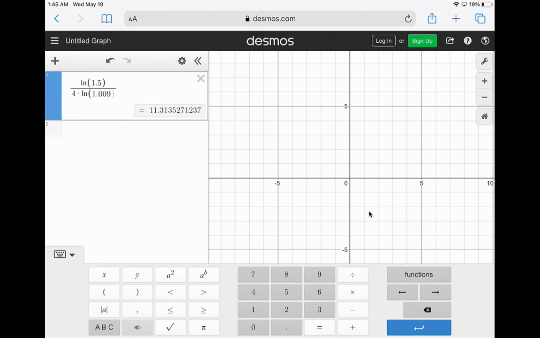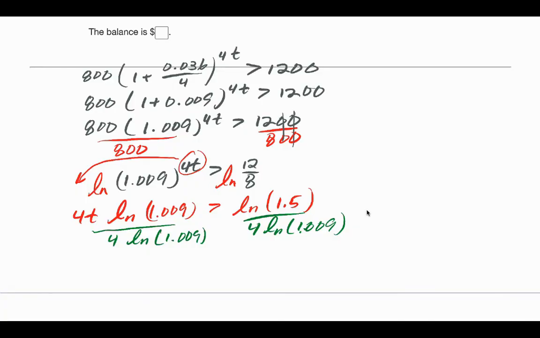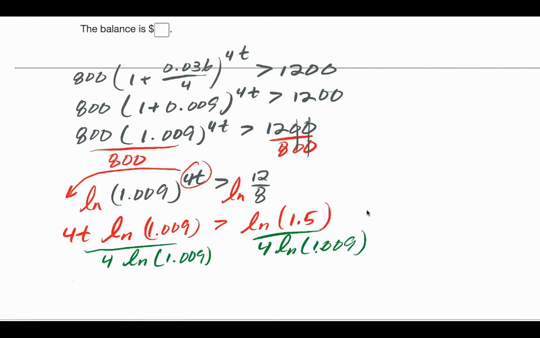And as you can see, I have 11.3135. So remember, right now we're not sure, so let's keep it at 4 decimal places. All right. So we're going to say that t is greater than 11.3135 years.